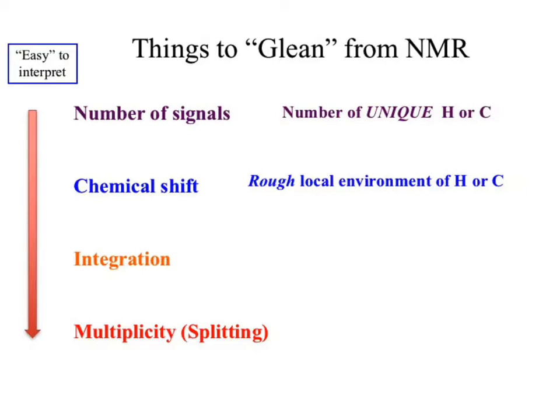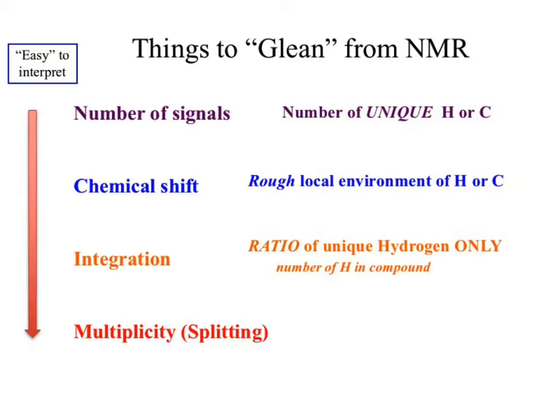Much like mass spec, if a hydrogen shows up at, say, 1, and I have another hydrogen just like it, it also shows up at the exact same space, which means that signal grows. So the integration gives you information about the amount of hydrogens. Notice in that statement, did I say anything about the number of carbons? No. That's because when we're looking at simple NMR, integration does not show up in carbon NMR.